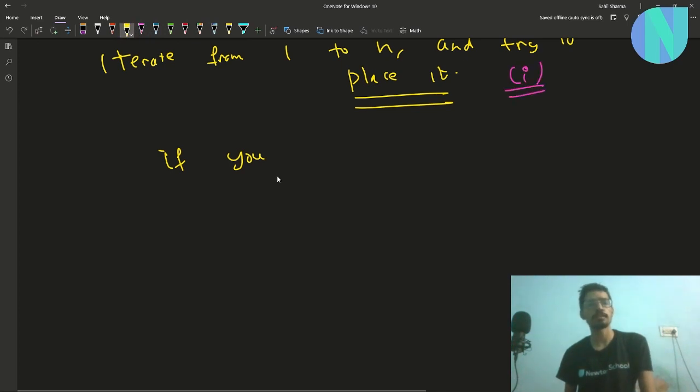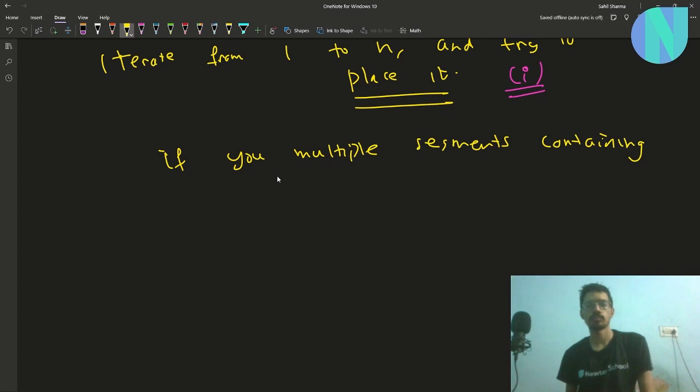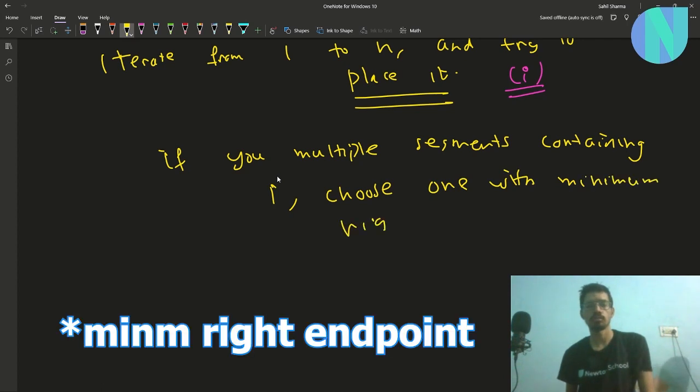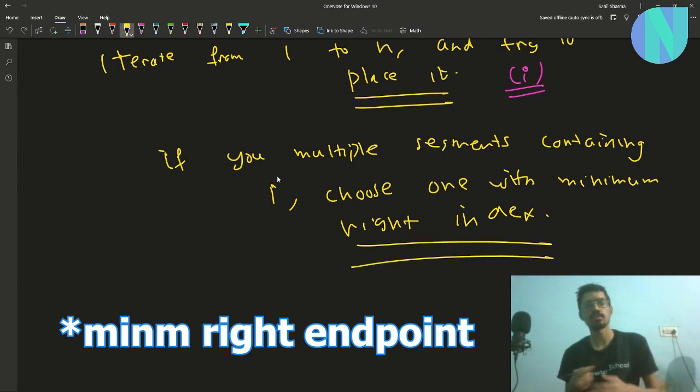If you have multiple segments containing I, choose one with minimum right index. Rest is just implementation, how you implement the same logic.